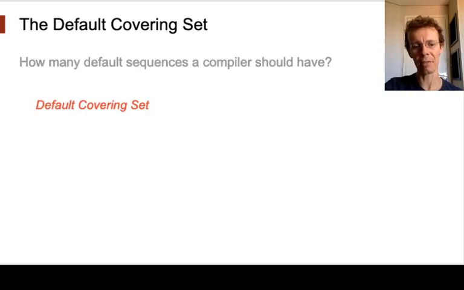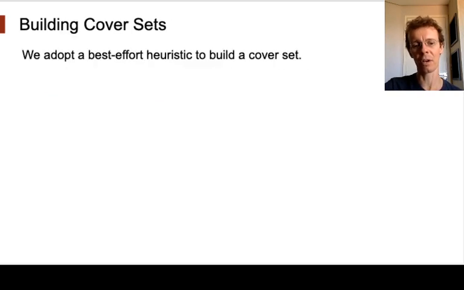The small set of sequences that contains at least one good sequence is called the default covering set. Finding a default cover set might not be possible because the baseline might outperform every other optimization sequence for some program. Yet, there are some heuristics to find covering sets.